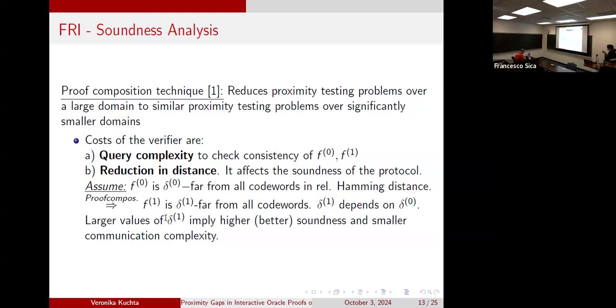That means if you want to study the soundness property of interactive oracle proofs of proximity, what we need is to study proximity gaps of codes, in this case of Reed-Solomon codes. So we see that the soundness security of IOPP heavily depends on this parameter delta, right?